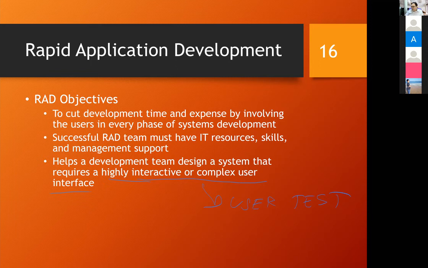Because if you just get the requirement from the user, let's imagine you are the SA. You get the requirement from the user, you translate it to the programmer. When the programmer finishes that task, they send it back to you.